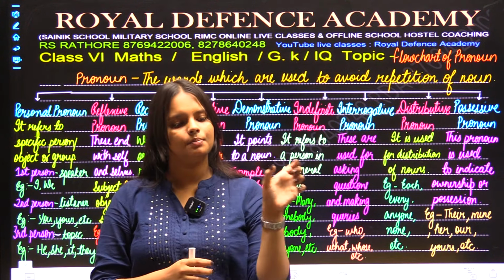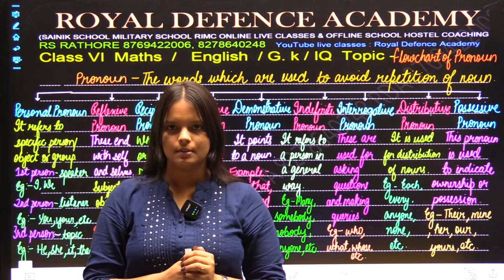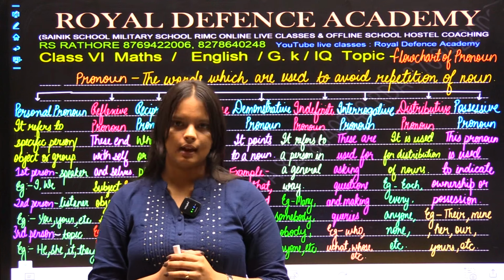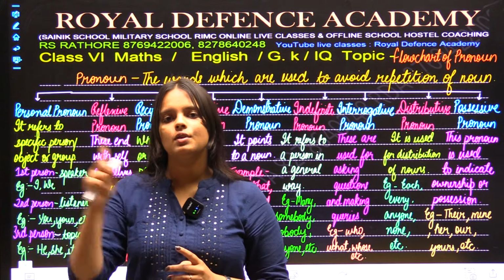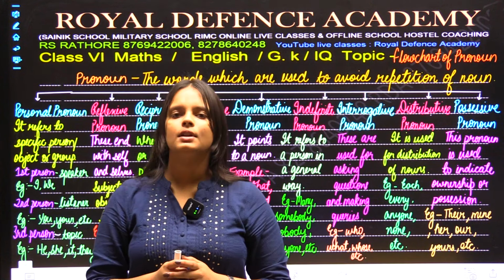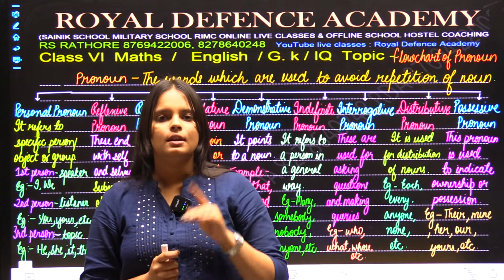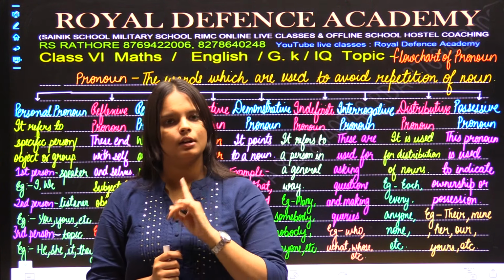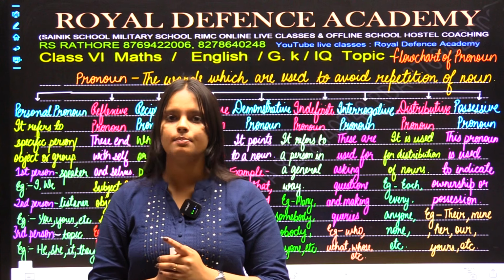A person is distributing chocolates on his birthday and he is distributing the chocolate to every student in the class. It means each and every student is considered, not even a single student is left. That is the case of distributive pronoun. A distributive pronoun takes each and every pronoun as well as noun specifically.